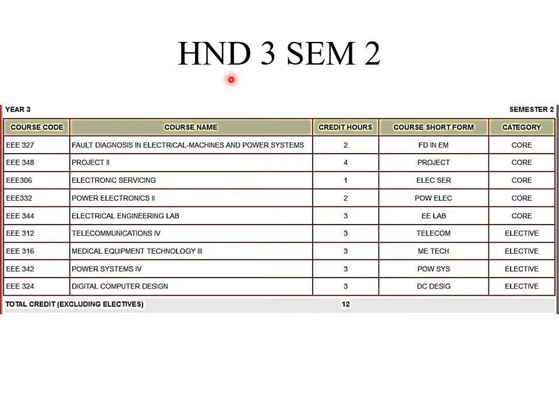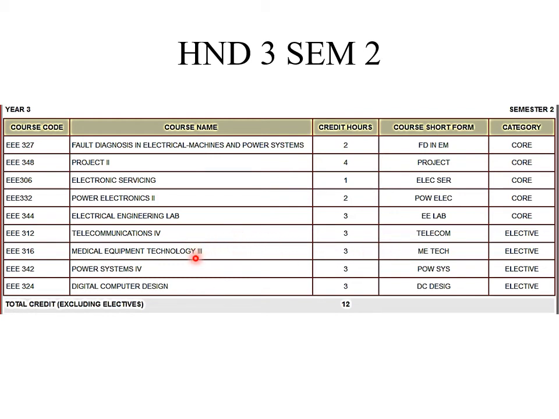In HND Year 3, Semester 2, you see fault diagnosis projects, electronic servicing, power electronics 2, electrical engineering lab. All these 5 courses are core courses and it is mandatory courses. So you have to choose all the 5 courses, and there are some 4 electives, okay, and you have to choose according to your option.